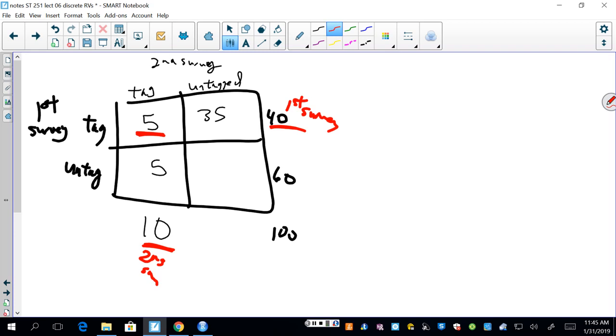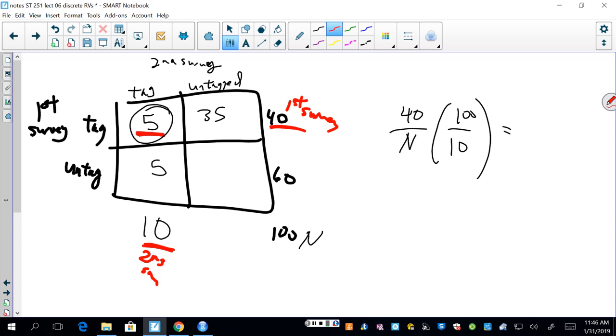So 40 out of N, say that's our number, for the fractions; we don't know N. The capture rate here, 5 out of 10, is the same. If they're independent, the probability you captured twice is 40 out of the total number, and then 10 out of the total number.